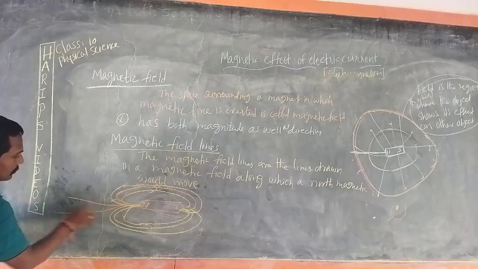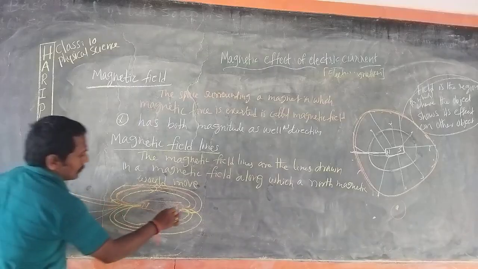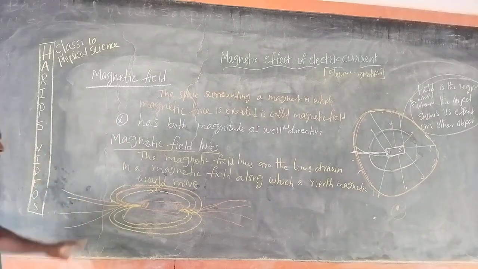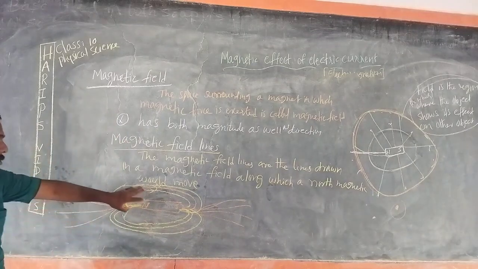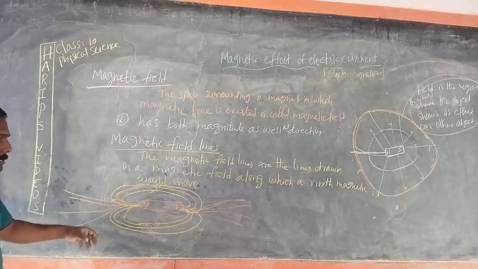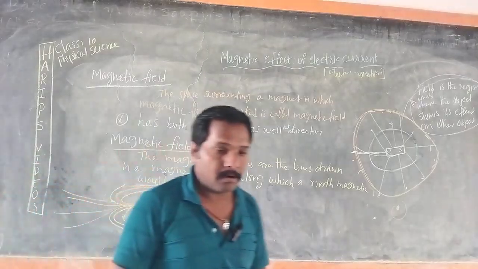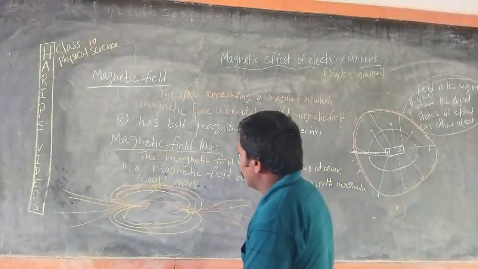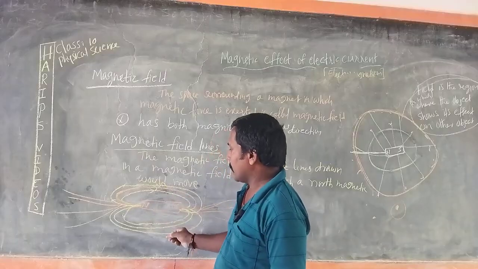So here also it represents lines. This is the representation of the magnetic field around the magnet.